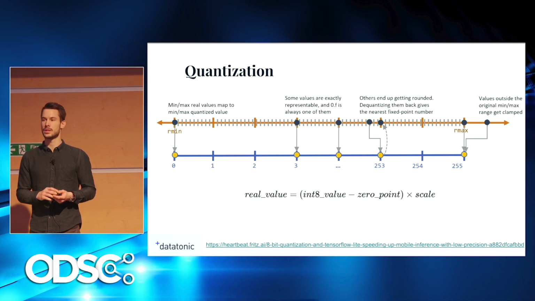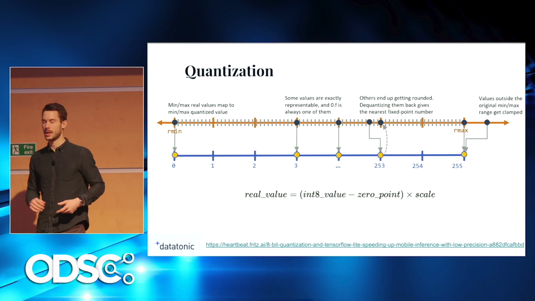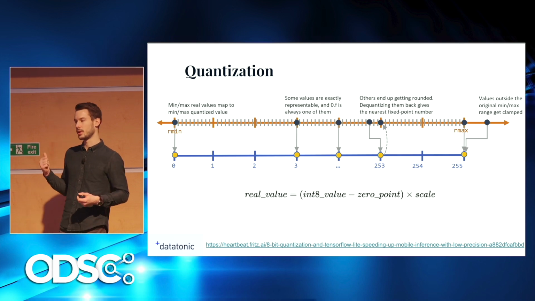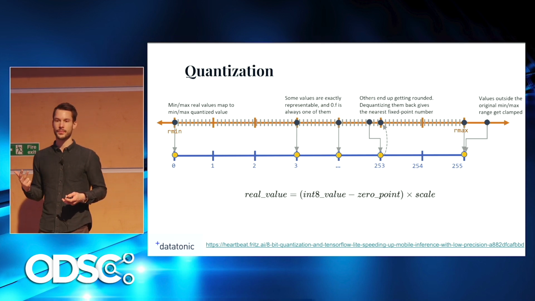And you can also use int 8s to exploit some of the accelerators and the instruction sets of modern accelerators a lot better. So modern phone CPUs, desktop CPUs, or specific edge devices can actually process a lot of these int 8 operations in parallel and give you an additional speed up. So what you get is a smaller model, only a few megs, and inference times that are cut in half.